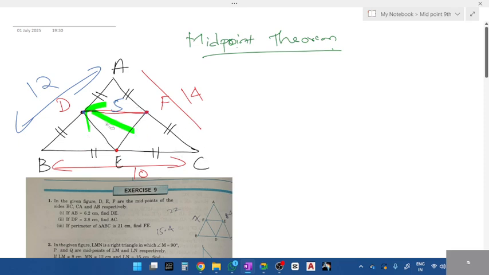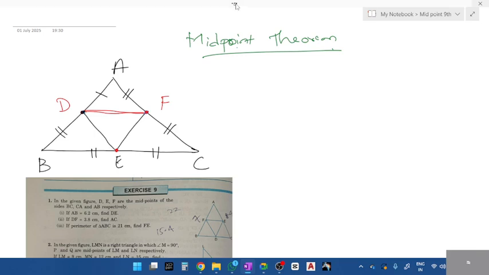Okay, next question. Let me write DEF. This is one type of question you have to remember. It's a direct question. If DE is 6 centimeters, EF is 6 centimeters, DF is 6 centimeters, what kind of triangle is DEF? What are the three types of triangle we have?